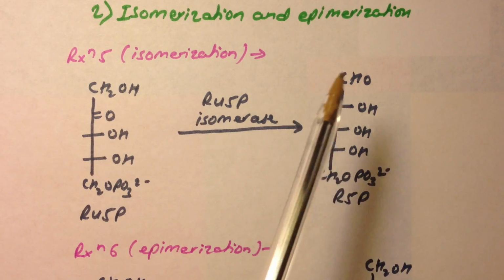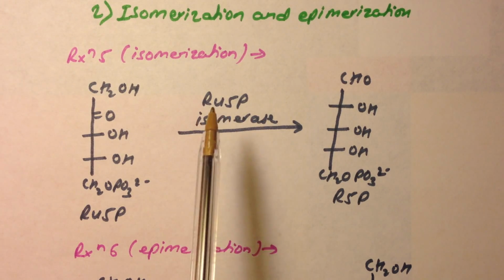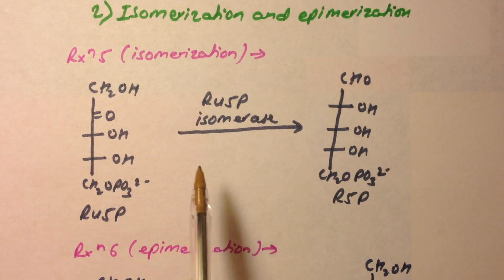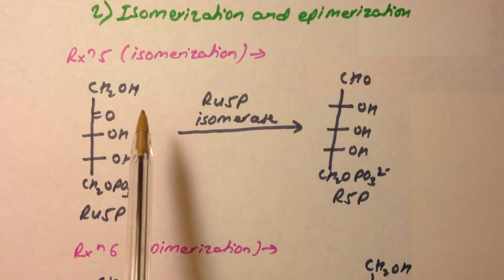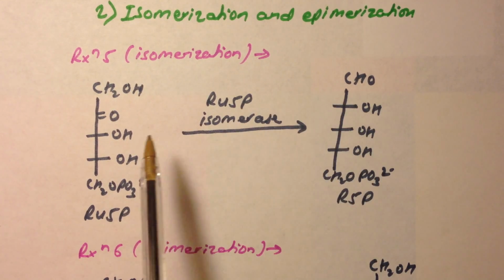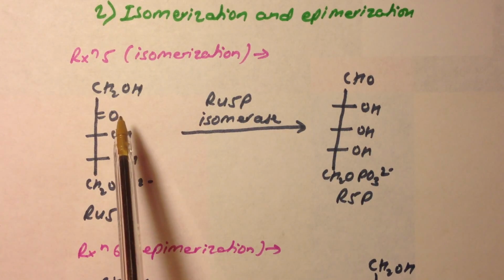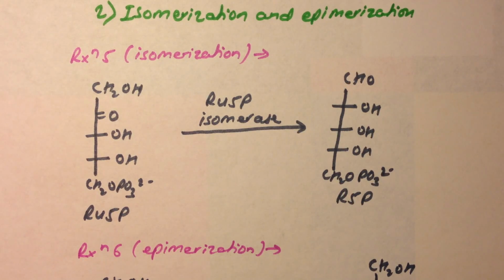This is a ketose and this is an aldose, and this reaction is catalyzed by the enzyme ribulose 5-phosphate isomerase, which makes sense. So instead of this being the carbonyl carbon, in this case this is the carbonyl carbon.